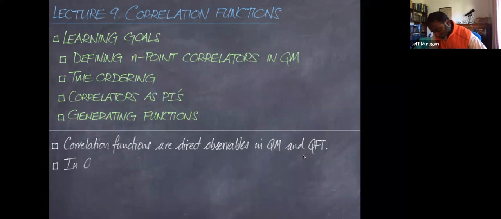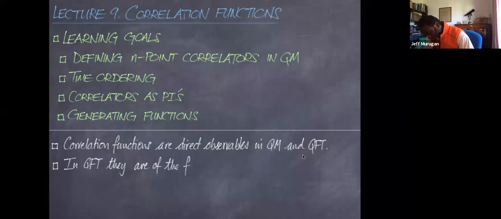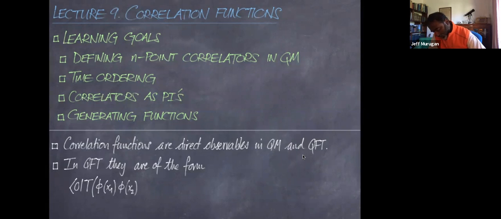So in quantum field theory, these things are of the form: the hat over the field variable here tells me that I'm looking at a field operator.